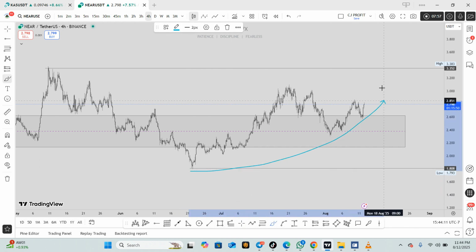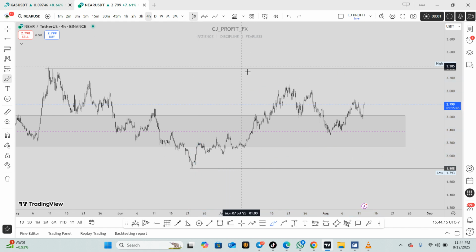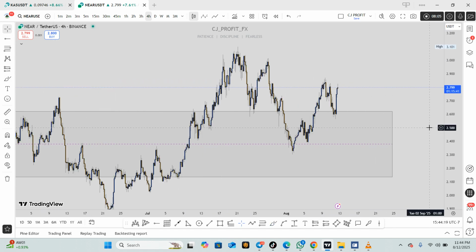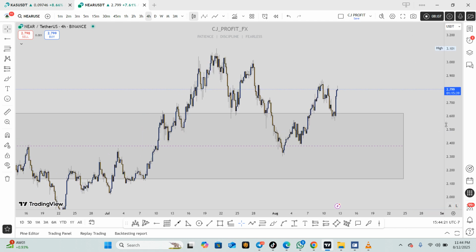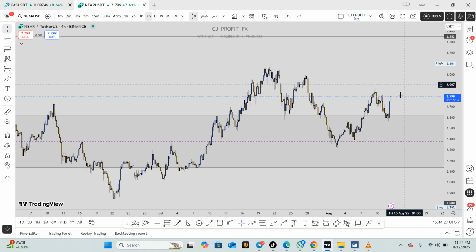From here we have an uptrend. And how do we illustrate the uptrend? Let's get our breaks of structure to know how we can make a further decision in the market. At this point we have our change of character here.